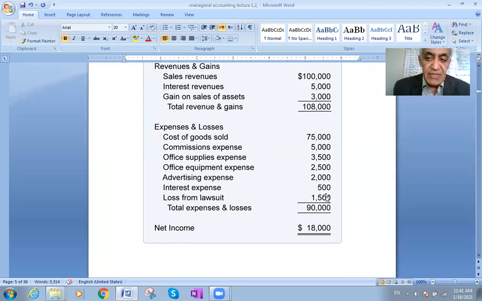So what? It's very easy. You have in your right pocket earnings of 108,000 and you paid expenses of 90,000. Then what is the balance? What is the rest? The rest is the net income. It will be 108,000 minus 90,000, which gives me 18,000.